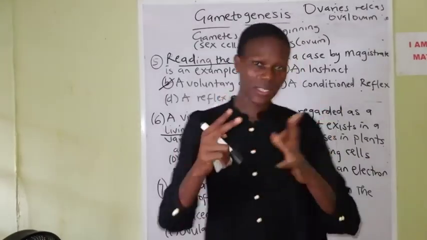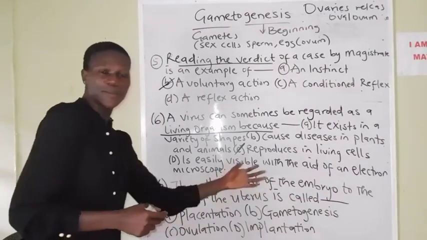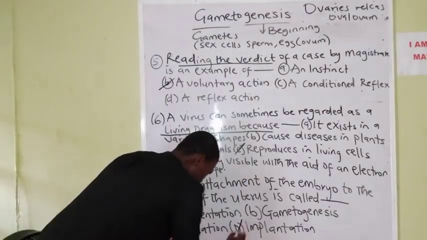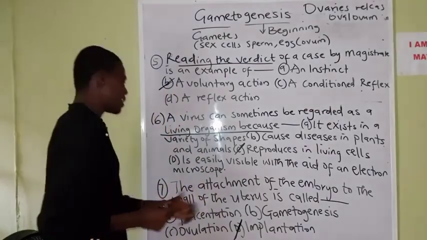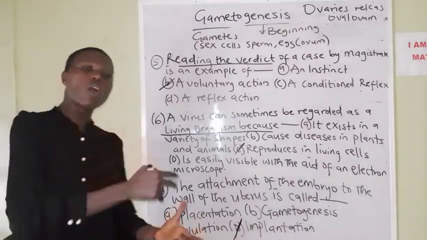So from this explanation, which of them is the correct answer? The answer is implantation, a process whereby the embryo attaches itself to the lining of the wall of the uterus.